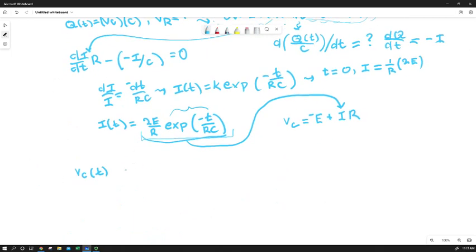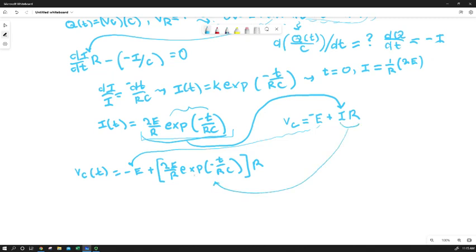So voltage drop over that capacitor is going to equal negative E, which is that source voltage, plus 2E over R exponent negative t over RC, where RC is our tau, time constant. Okay, and this is I times R. So negative E, IR is this whole term here.